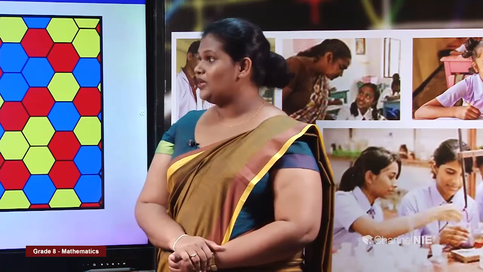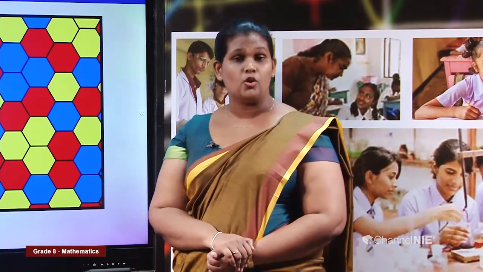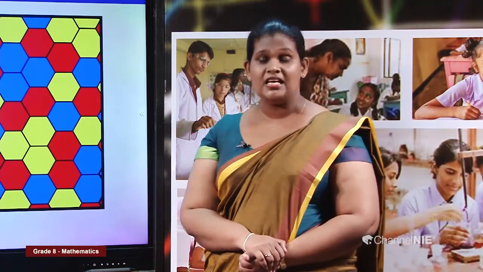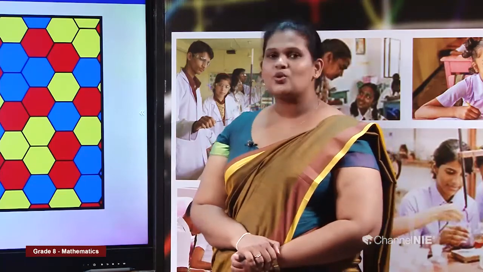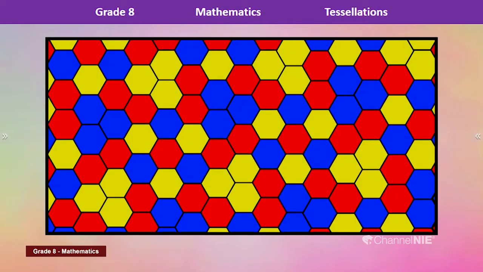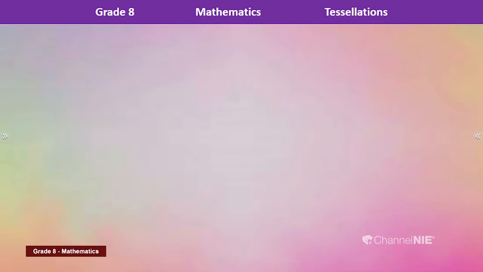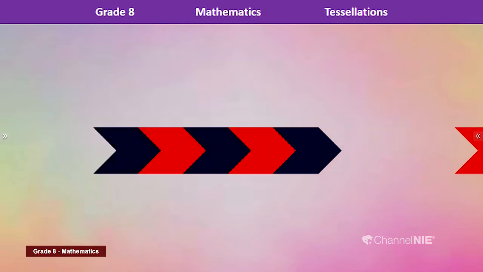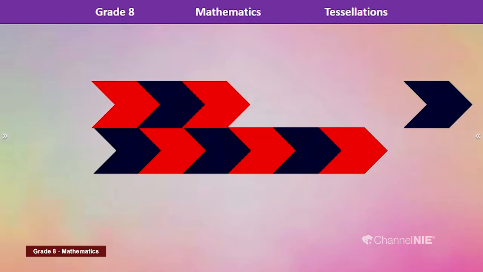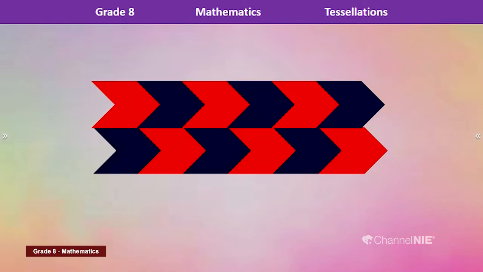Once again, we can say they have used only one shape throughout the tessellation. Therefore, this is also an example for pure tessellations. Right. Now have a look at this one. We are creating a tessellation using only one shape.